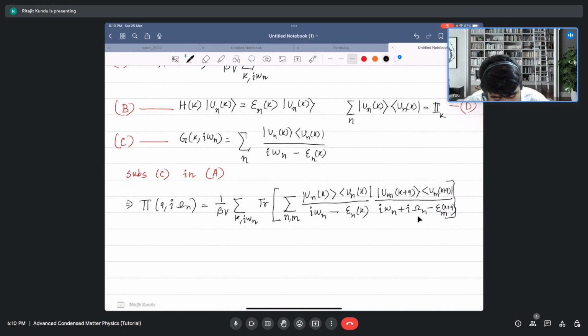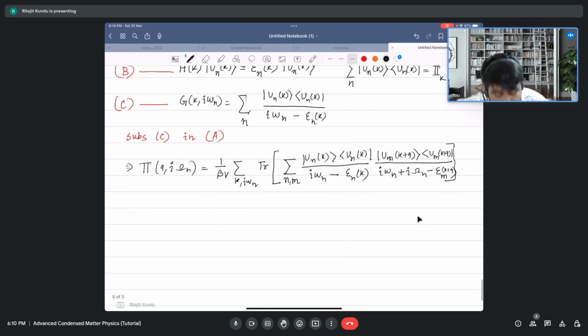We see that these overlaps start to appear, right? So let's directly write this overlap properly. We will use the cyclicity property of the trace, and I will send this ket matrix to the other side.